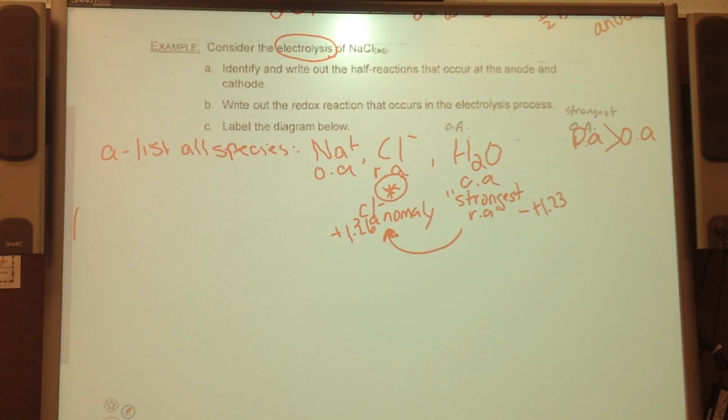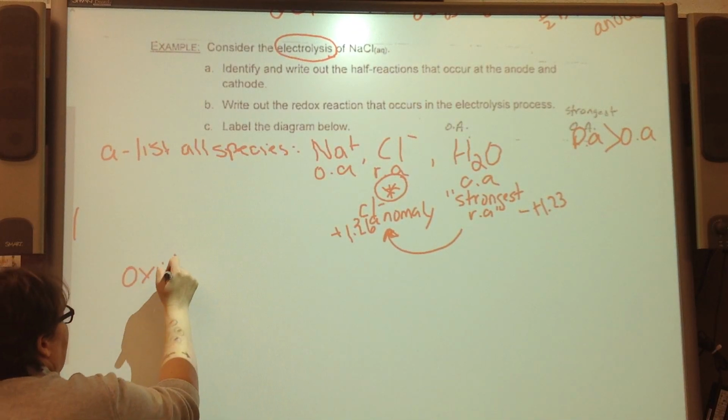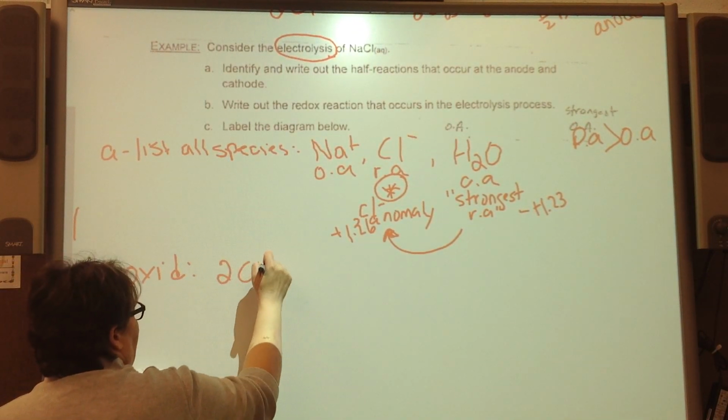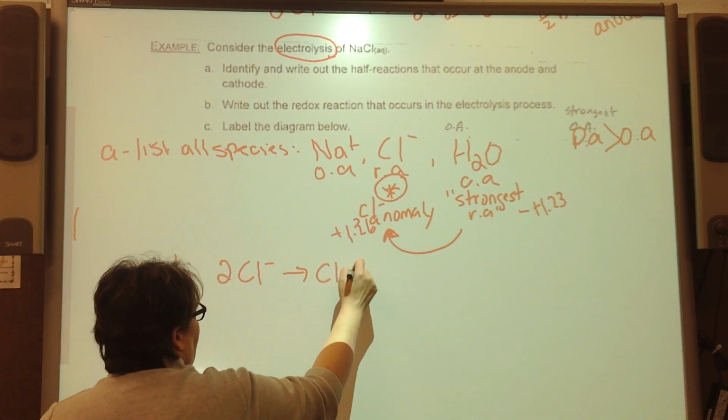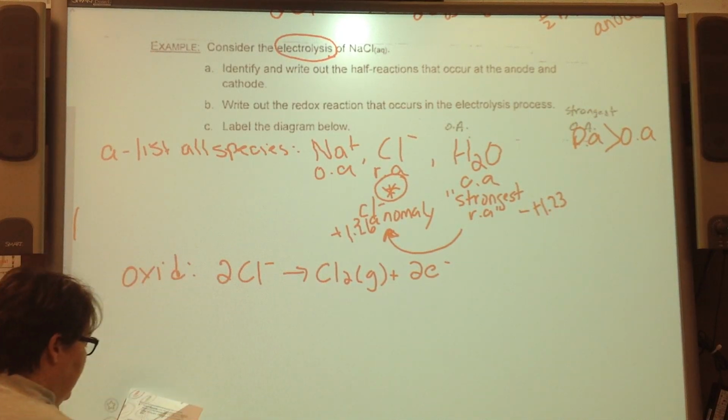Make sense? There are little things that you have to look for, but will trip you up in major ways. So it says, write out the half reactions. At oxidation, we have two electrons.